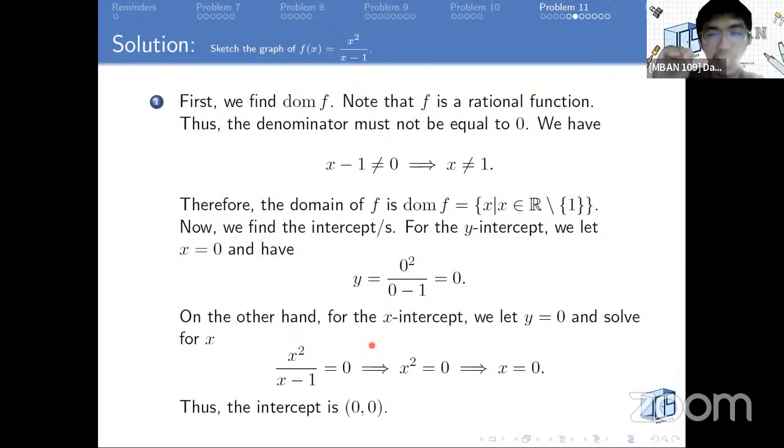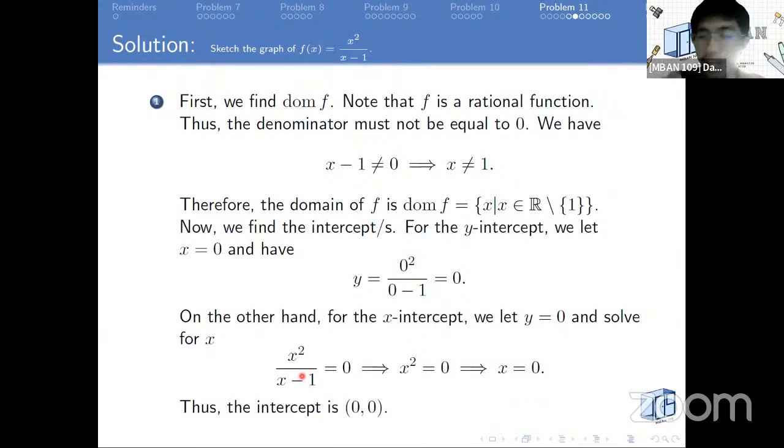Kasi magiging algebraically incorrect siya kung ganon, or mag-divide by a variable. Pero dahil yung x minus 1 natin, clearly, hindi dapat siya maging 0.